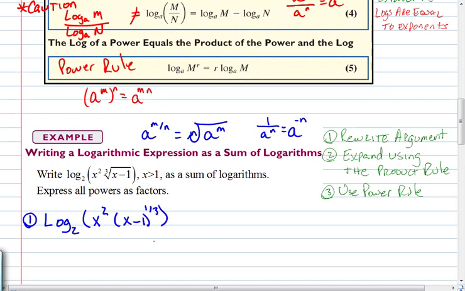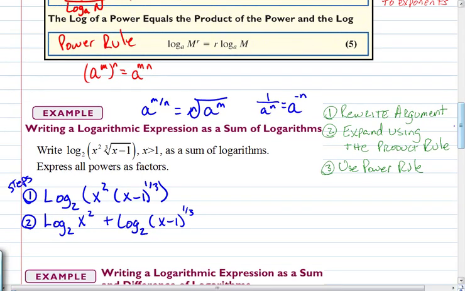The second step is to rewrite this as log base 2 of x squared plus log base 2 of x minus 1 to the 1/3 power. See how we expanded using the product rule? And then we're going to use the power rule and bring this power down, and that's going to give us 2 times log base 2 of x plus 1/3 log base 2 of x minus 1.